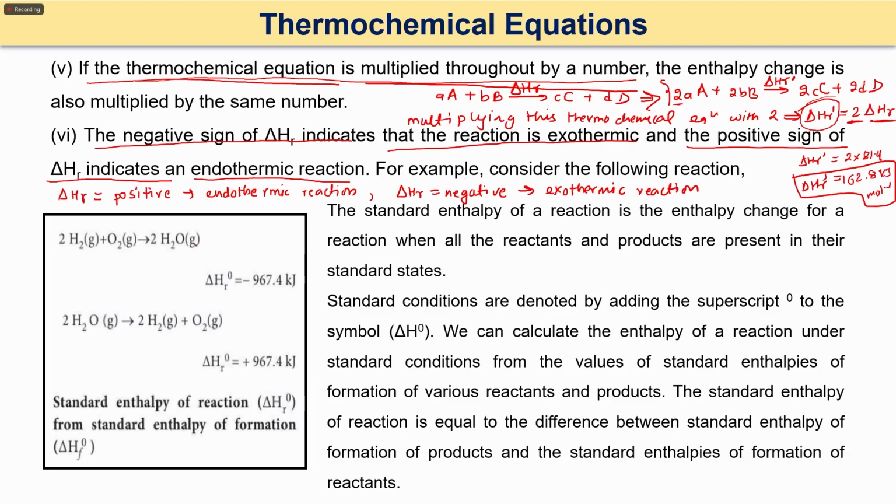So, for example, these are some of the reactions I have shown here. This is the formation of water. So 2 moles of water is getting formed by the reaction of 2 moles of hydrogen and 1 mole of oxygen, and this is the value of minus 967.4 kilojoule.